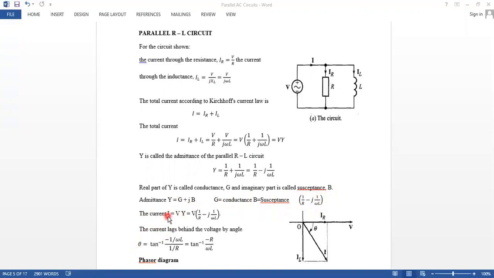So now the total current I is equal to V into Y, substituting the equation we got over here.